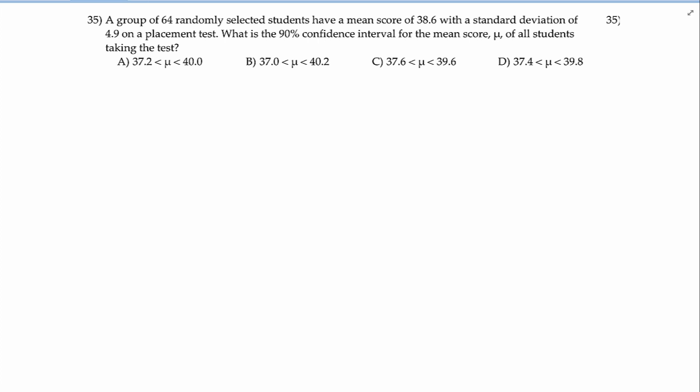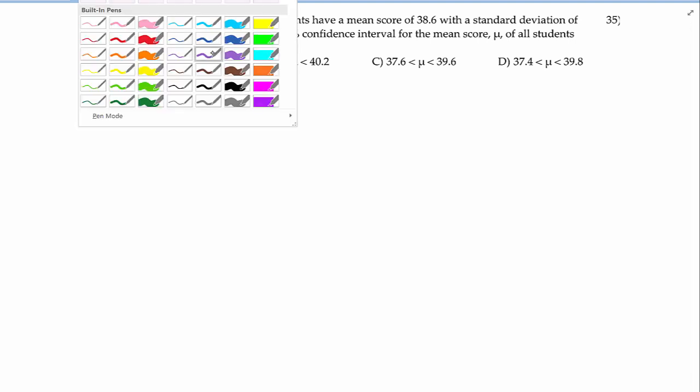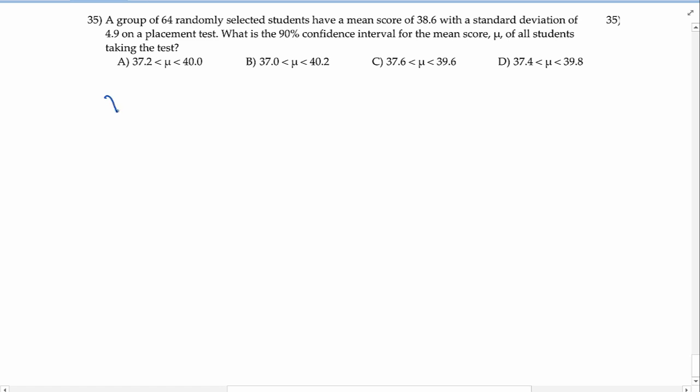All right, so what we have right here is that a group of 64, so we selected a sample of 64. So the sample size is 64. Randomly selected, so you have a mean score.